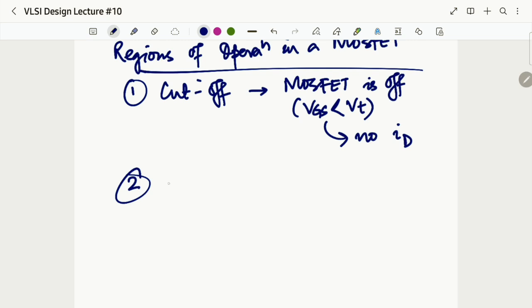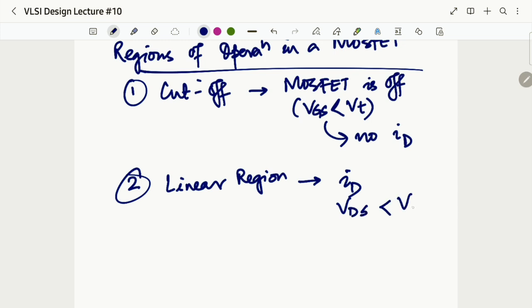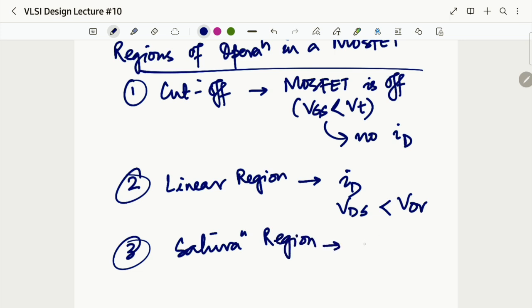Second is linear, wherein we have ID and we have VDS less than VOV. Third is saturation, wherein VDS is increased beyond this VOV.